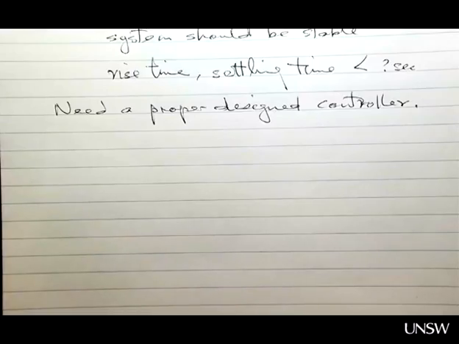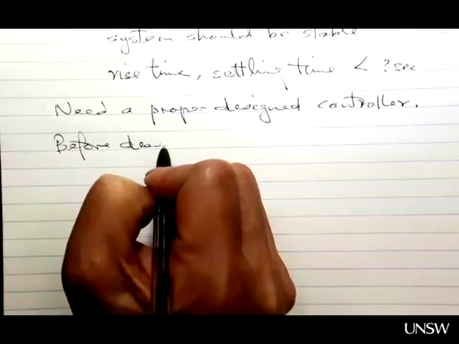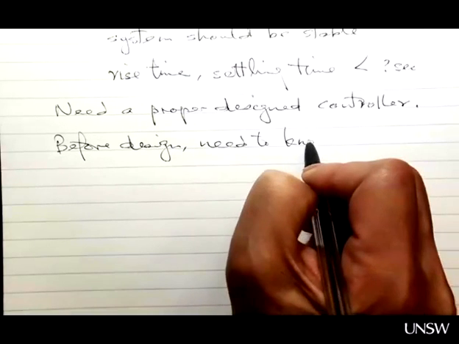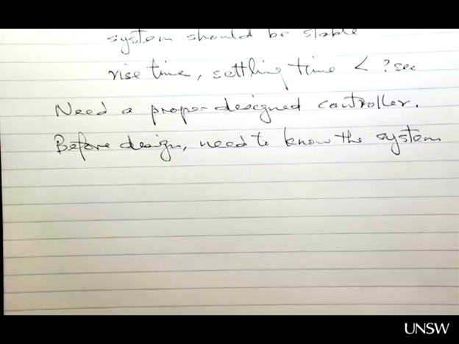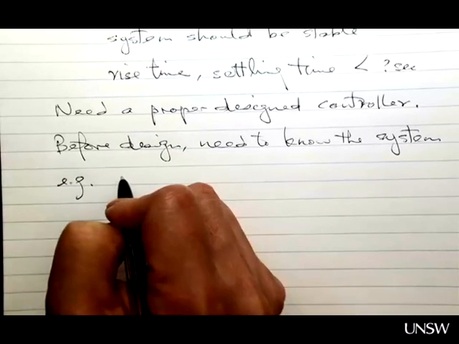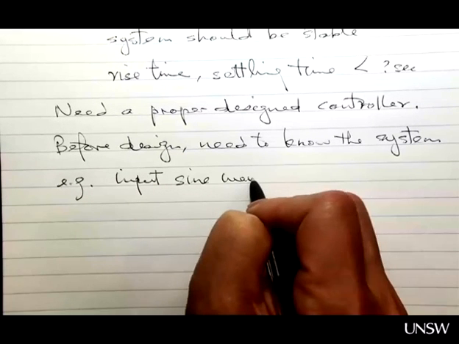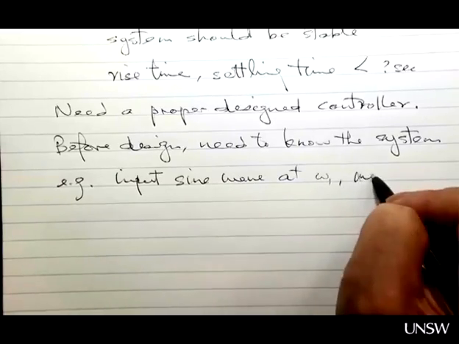Then in order to carry out the design, we need to know the system before design. And how can we know the system? For example, we input a sine wave at a frequency omega 1, and then measure the output.